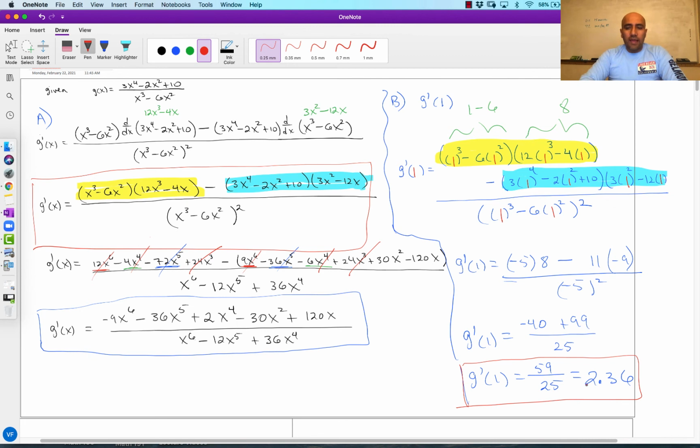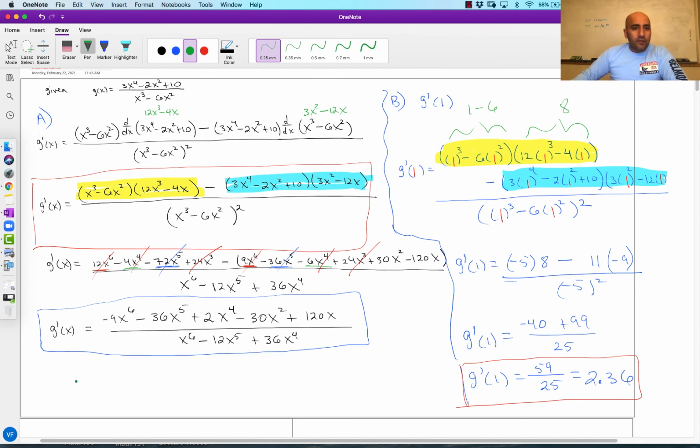Okay. So let's confirm what that means, or let's think about what that means. Here is our g of x function. If we graphed it, and then we found a point on this graph that corresponds to an input value of 1. Okay, so if we put 1, let's find g of 1.